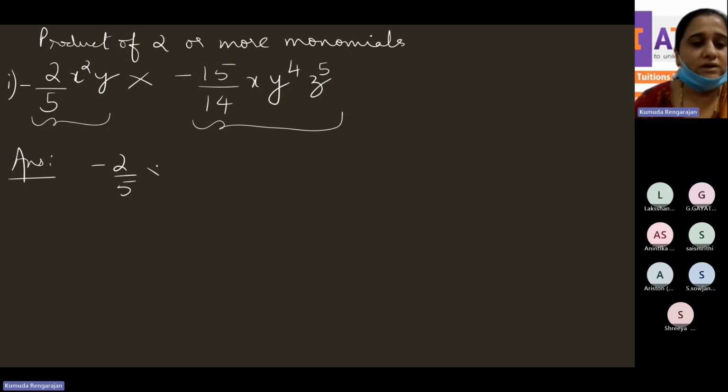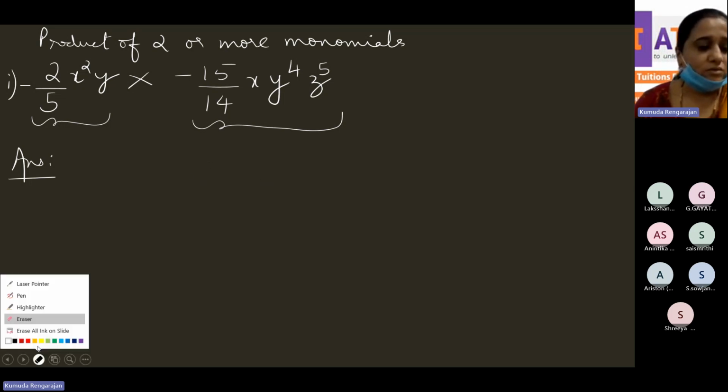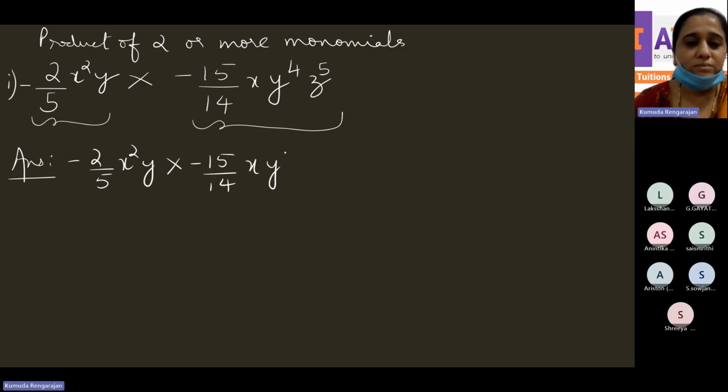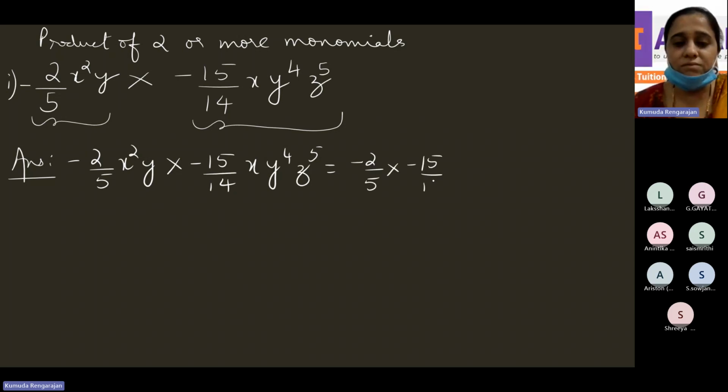Minus 2 by 5 into minus 15 by 14. All right. Now, let me give you one more step. So the multiplication means minus 2 by 5 x squared y into minus 15 by 14 x y to the power 4 z to the power 5 is equal to, multiply the numbers: minus 2 by 5 into minus 15 by 14.